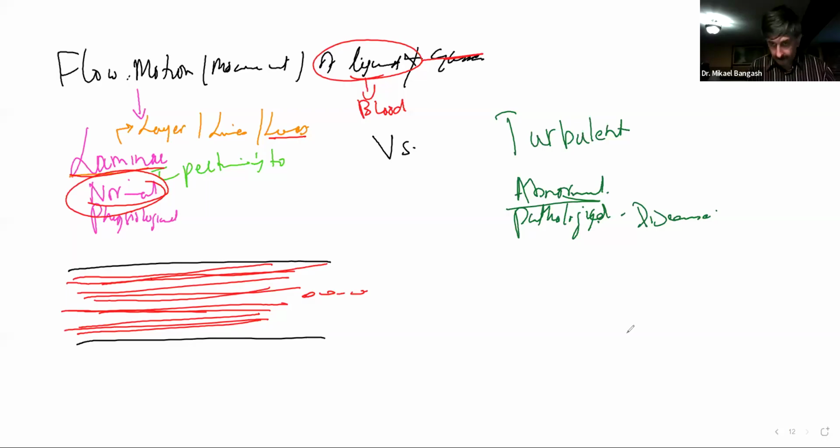Now guys, but. Let's just do it here. So we say laminar flow: smooth, in its own lane.